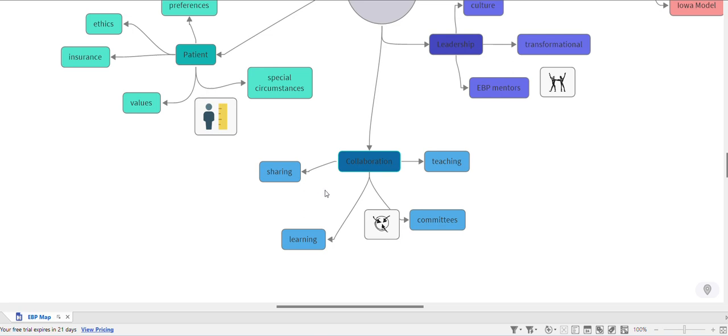It's important to share so others can learn from what you have done and we're not reinventing the wheel every time. And then it's also important to kind of create some committees and get collaboration and feedback from other providers, your board of directors, any sort of involvement with committees.